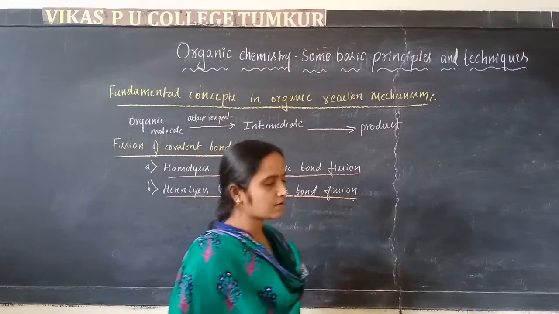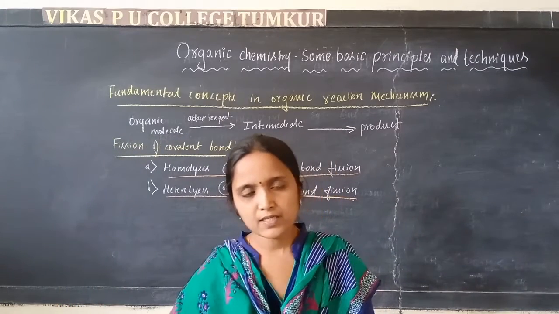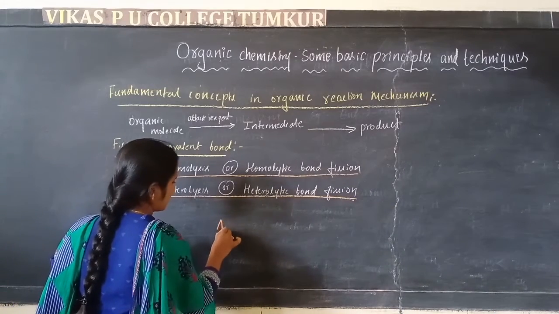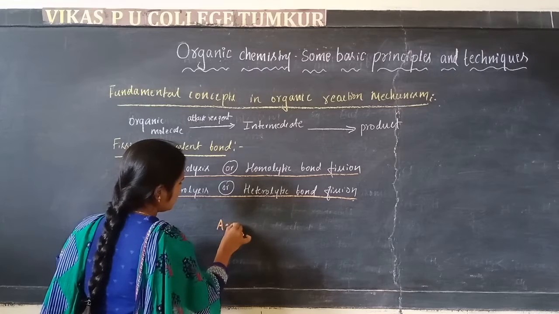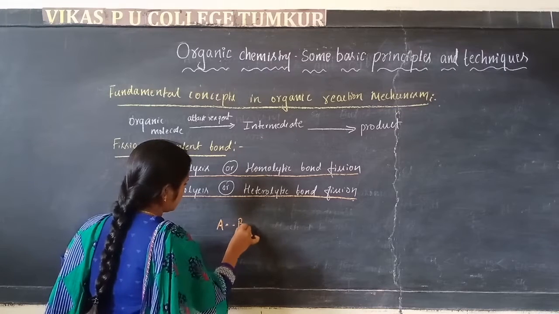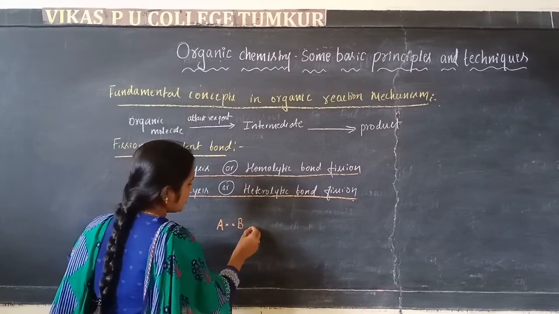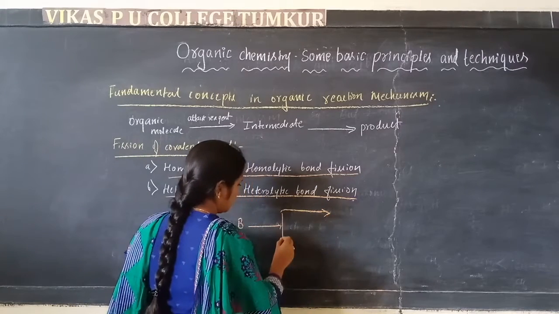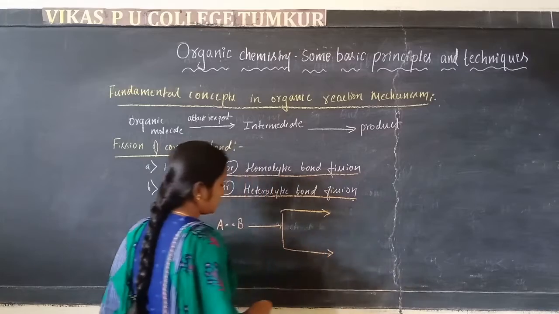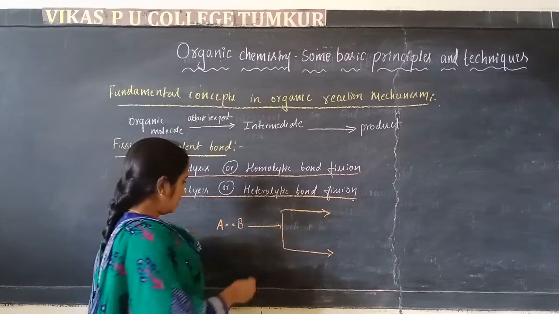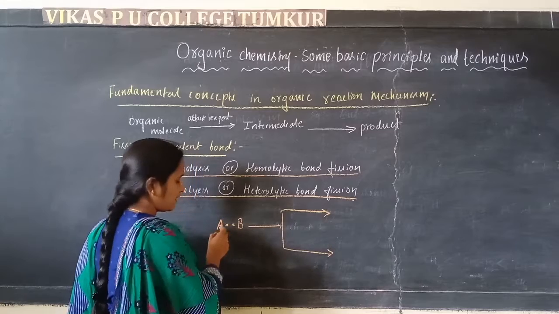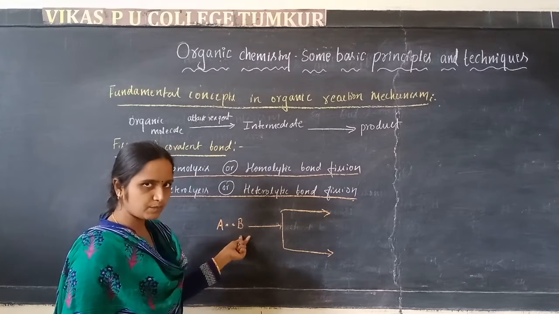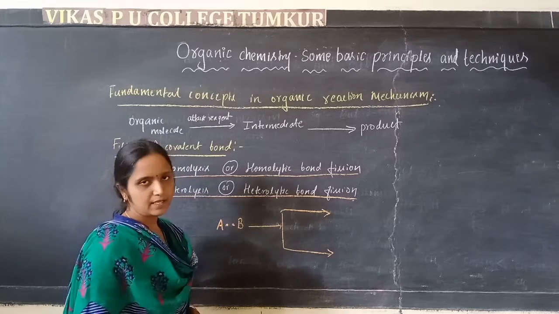Otherwise it's called a heterolytic bond fission. Suppose A and B are there. That is, A is bonded to B. This is going to form a bond. These two shared pair of electrons are going to be used: either A is going to acquire all the electrons towards it, or B is going to acquire all the electrons.